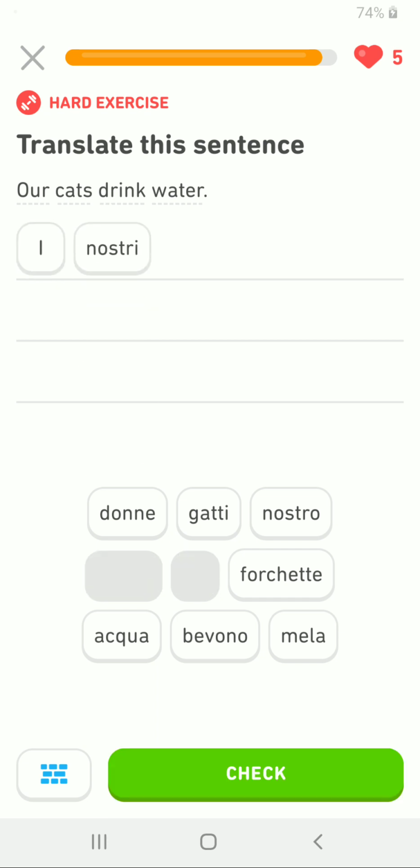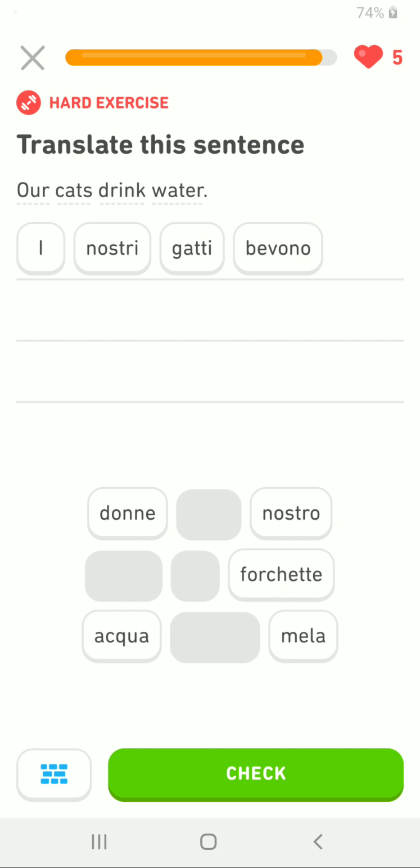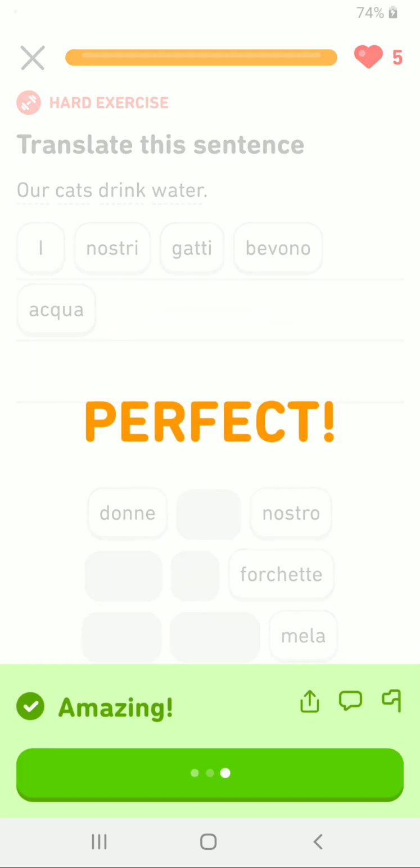And gatto becomes gatti. So i nostri gatti. Now we have to look for the verb. How is it? Bevo, bere. Bevono acqua. Acqua means water. Perfect.